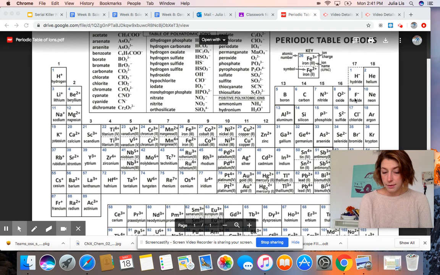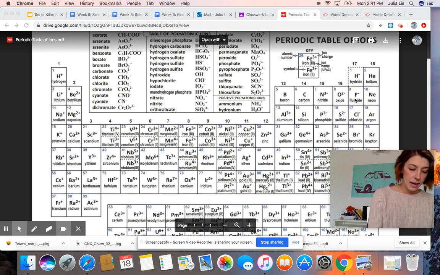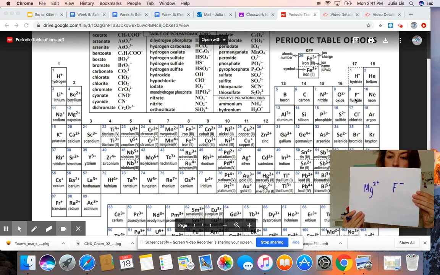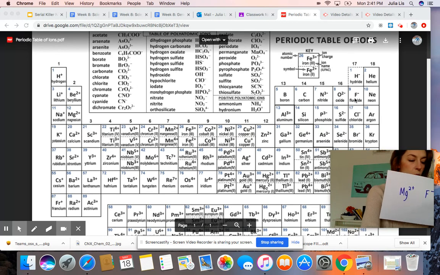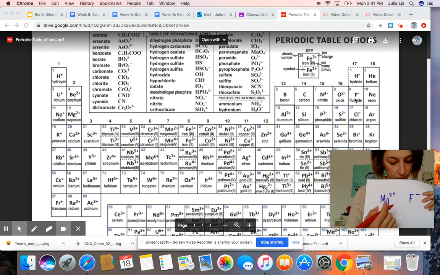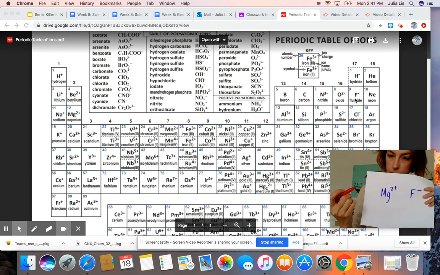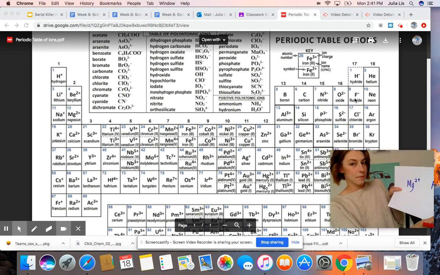A trick to this, and I'd like you to practice the way I'm doing it and the way Tyler did it, but a trick is called swap and drop. And so if you were to write the charges, again, of magnesium 2+ and fluorine, what swap and drop is, let me see if I can do this, can't do it. Like that.